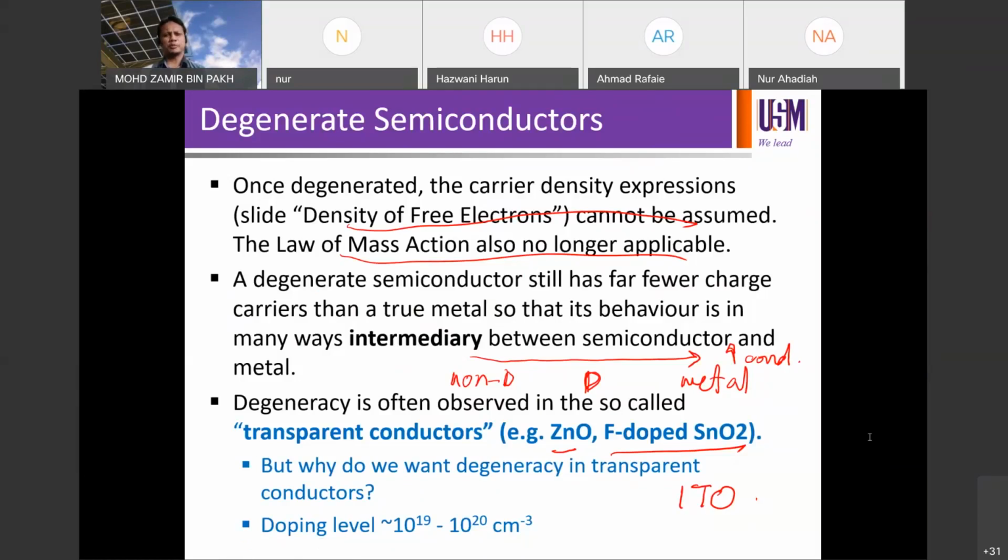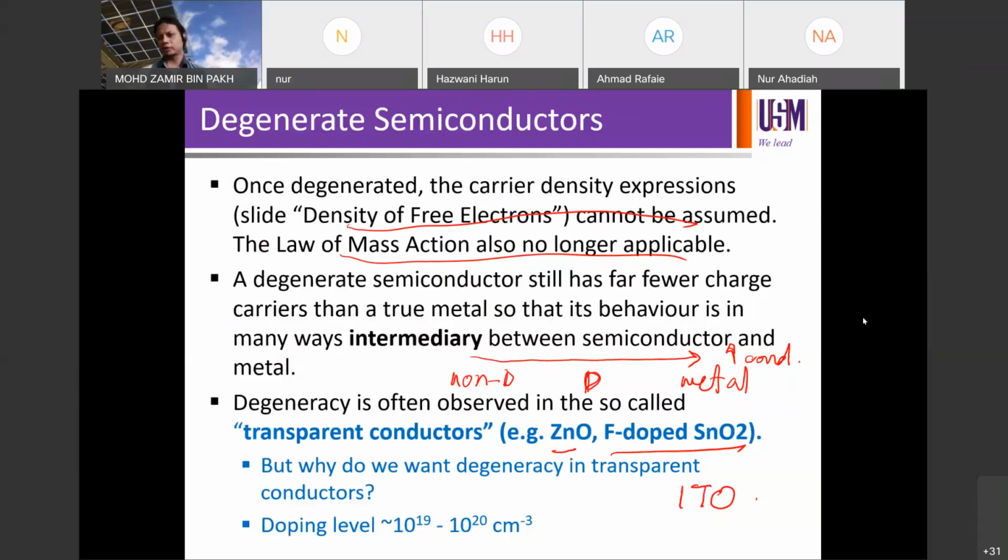When do you use transparent conductors? Anyone? Never heard. Okay. Hasnain, have you heard? Ever heard of degenerate semiconductors? Or transparent conductors?